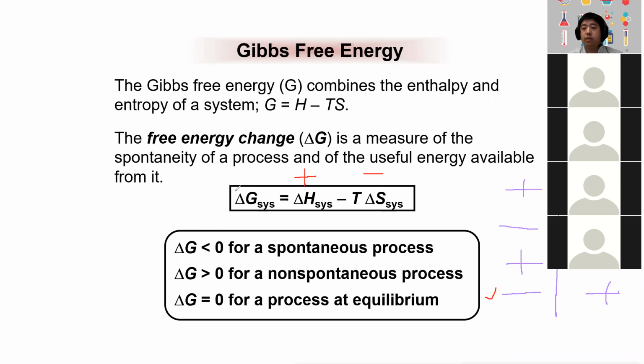And this just requires some basic math. So it's a positive value here subtracted by a negative, right? So that means I'm adding a positive value. So positive plus another positive. This will essentially never be spontaneous. Okay?